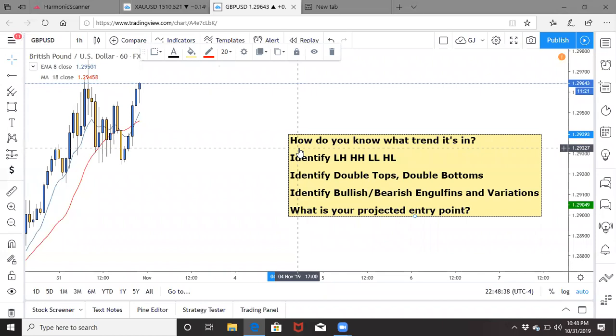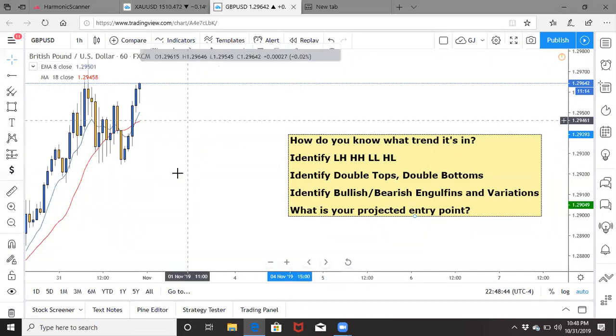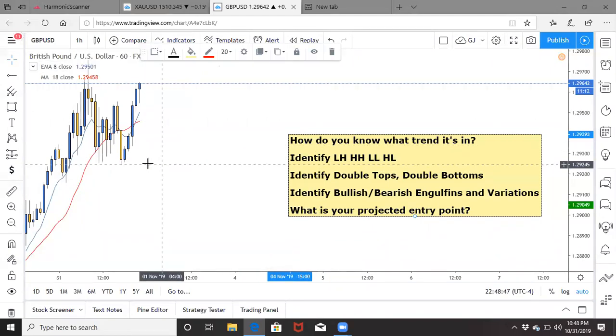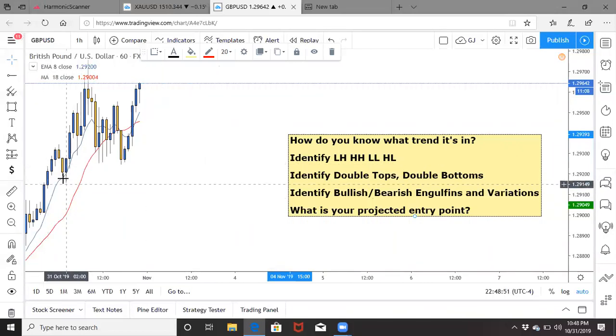So first and foremost, on the 1 hour, what trend is it in? It's in an uptrend. Okay, how do you know it's in an uptrend? Well, I looked here and it looked like it was consolidation and it looked like it went back up. Okay, so can you do that with this so that they can see it too?